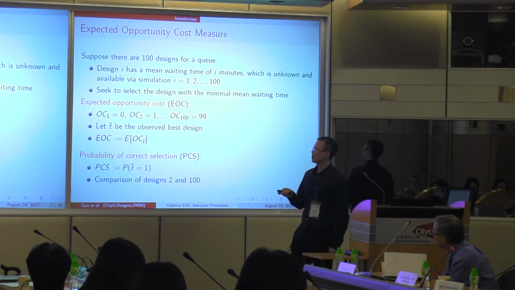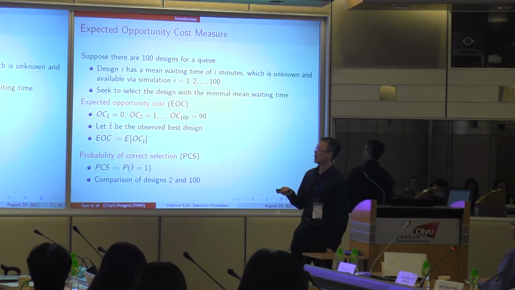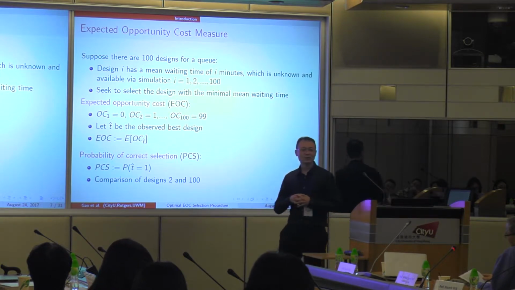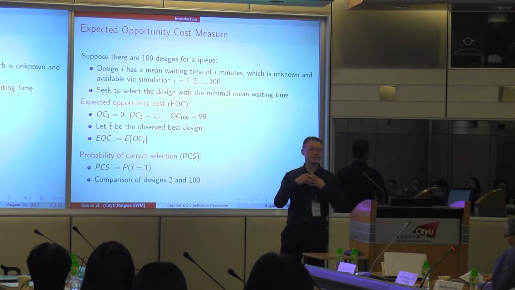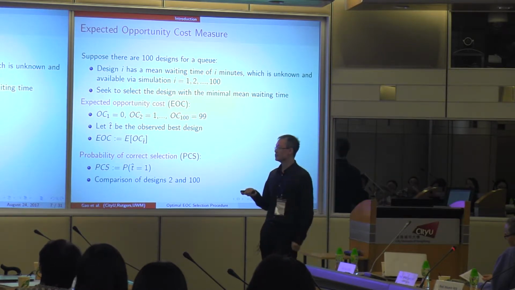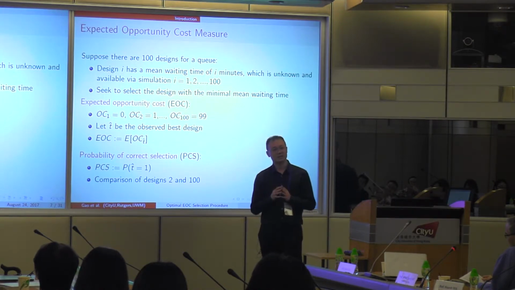The other measure is the probability of a correct selection, PCS, and this is very simple. This is just the probability that our observed best design is the real best design. For PCS, there might be a minor issue. Suppose we cannot select the best design. Then from the PCS point of view, selecting design 2 and design 100 is the same because they are both incorrect selections.